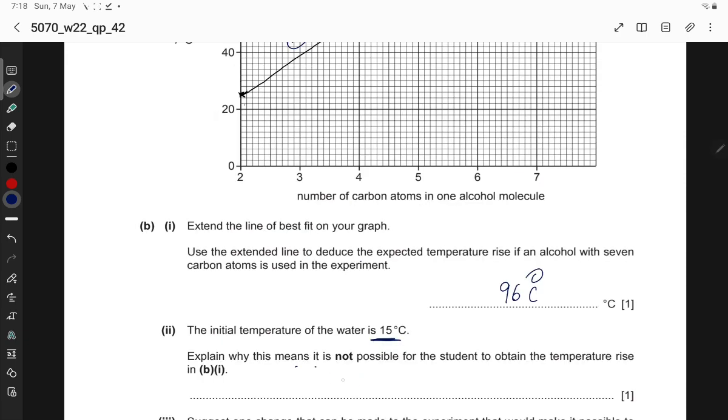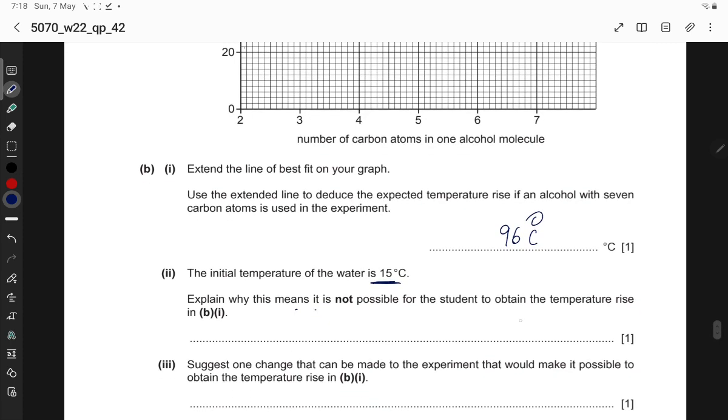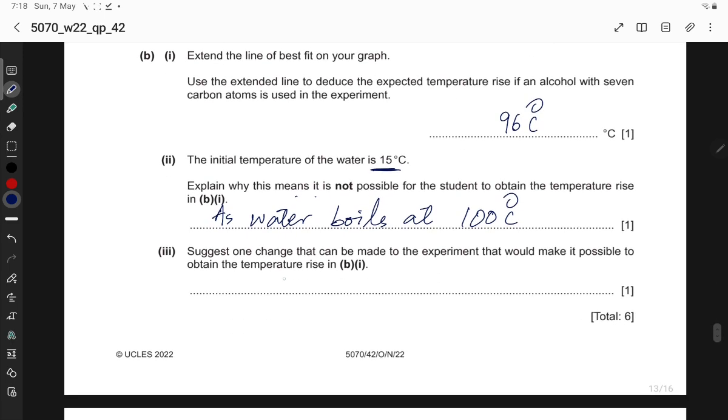This means it is not possible for the student to obtain the temperature rise in B1 as water boils at 100 degrees centigrade.